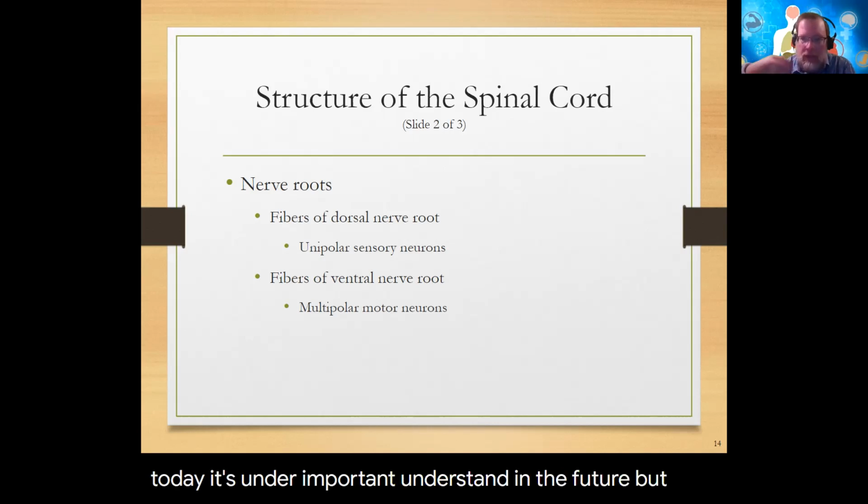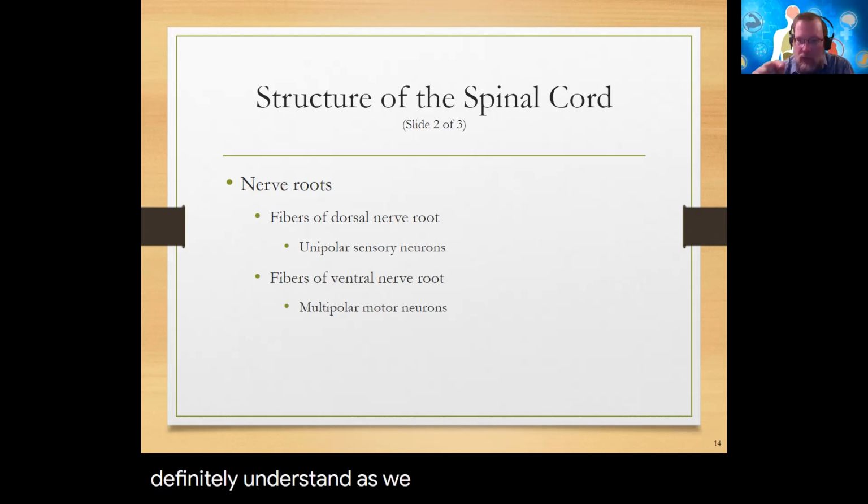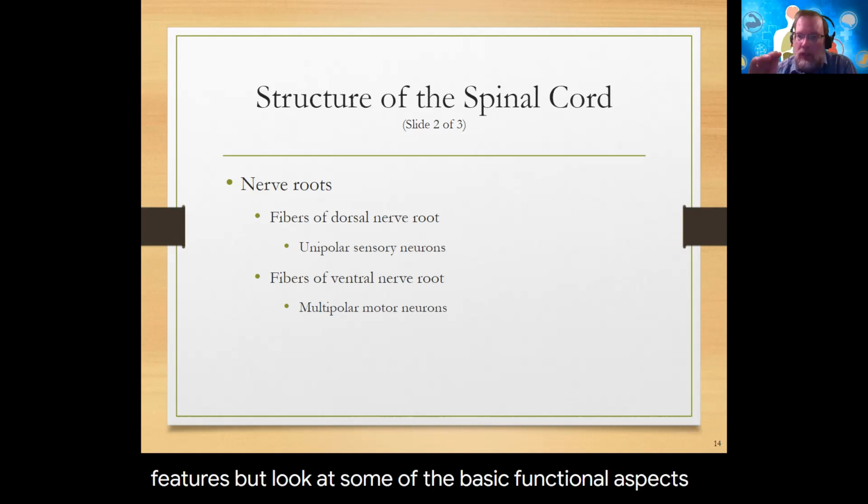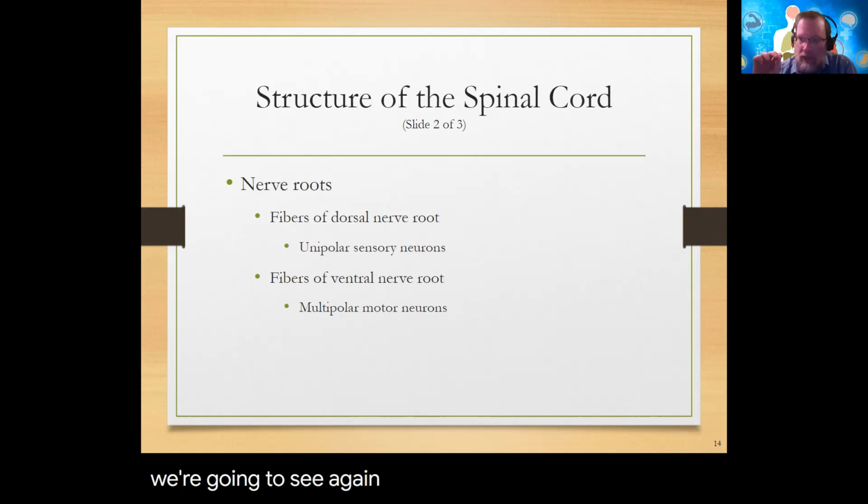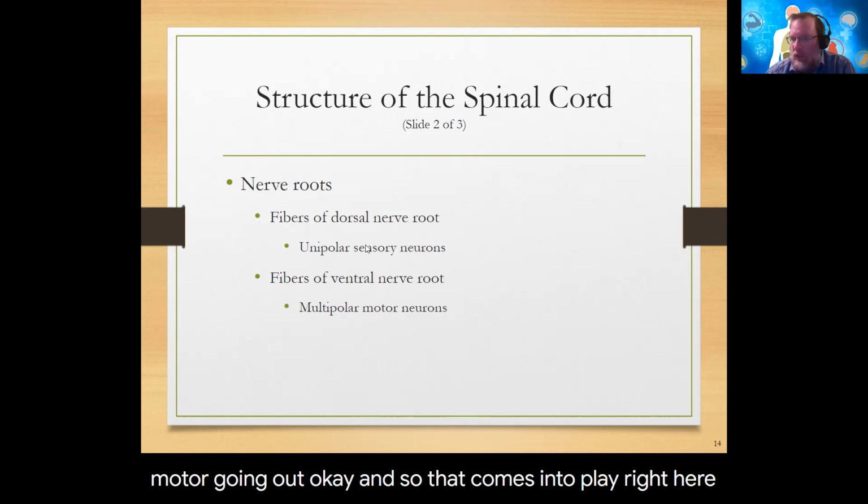Definitely understand as we segue into what these nerve roots are, as we keep going within the nervous system and really start uncovering not just some of its structural features, but look at some of the basic functional aspects. We're going to see again that we have sensory coming in, motor going out. And so that comes into play right here with these nerve roots.